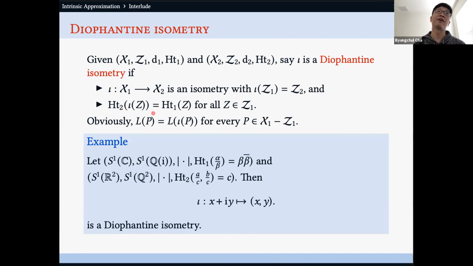So that's what I mean by Diophantine isometry. Maybe it's a little stronger than what I really need, but let's just make this definition for now. Obviously, this kind of isometry will preserve Lagrange numbers, so that's trivial. Then probably you can also have a notion of Diophantine quasi-isometry.